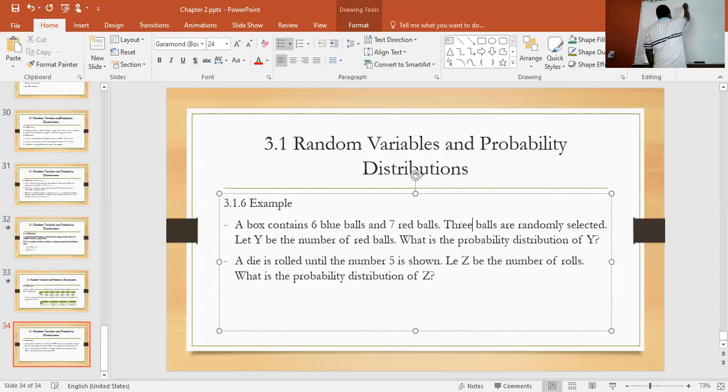And let X be the number of red balls. If X is the number of red balls, the probability that X equals 0 is the number of ways to choose 0 red balls divided by 286.